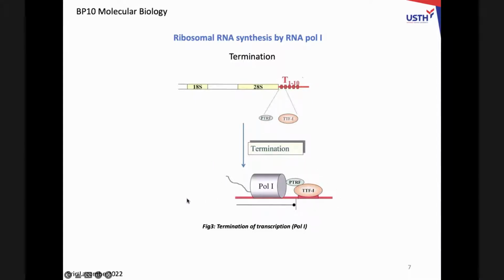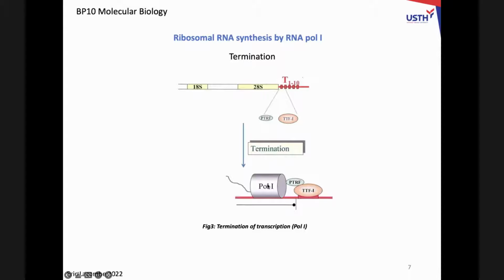You've got the polymerase arriving at the end of the transcribed region, which is here. The little black line here is the newly synthesized RNA. The polymerase is going to stop because at the end of the transcription unit, you've got a protein-DNA interaction that blocks the polymerase, and then the polymerase stops.